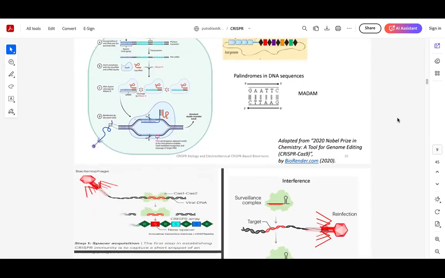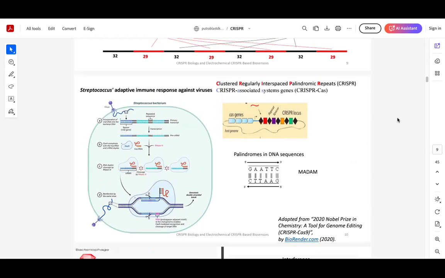So what does it mean is this is the bacteria. This is virus. This is bacteria, Streptococcus bacteria. What the Japanese researcher observed, there is a repeating gene sequence between the gene sequence of the bacteria.